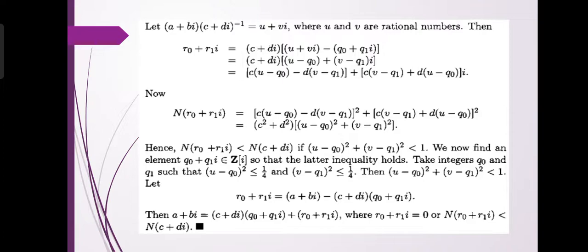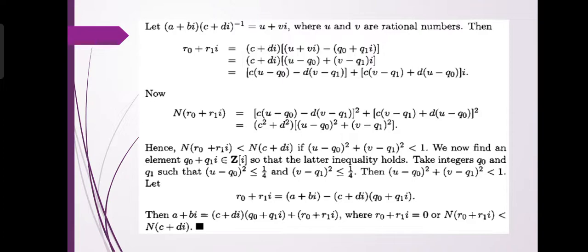Now, N of R sub 0 plus R sub 1 I is equal to C times the quantity of U minus Q sub 0 minus D times the quantity of V minus Q sub 1, squared, plus C times the quantity of V minus Q sub 1 plus D times the quantity of U minus Q sub 0, squared, which is equal to the quantity of C squared plus D squared times the quantity of U minus Q sub 0 squared plus the quantity of V minus Q sub 1 squared.